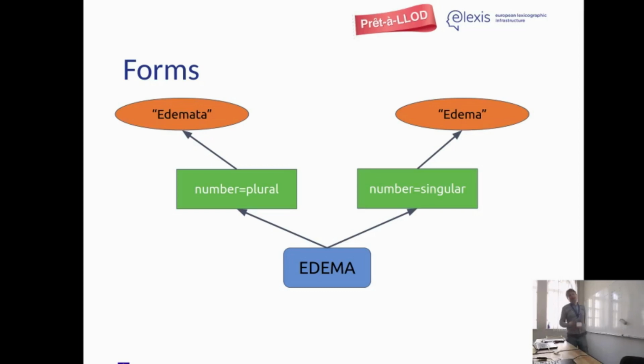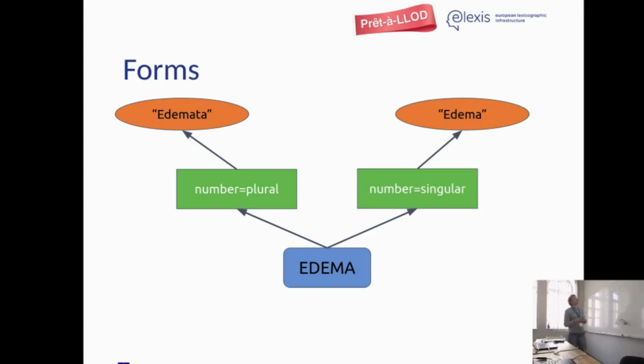But we might like to actually start to say why a particular form has a particular property. As we've seen with RDF, it's not possible to put a literal, so a string, as the subject of a triple. So instead we have to introduce a node here, called a form. This node has its own URI.